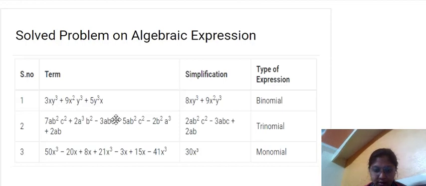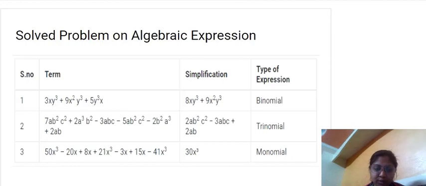Now this minus 3abc is alone, so we'll keep it as it is, and 2ab is also alone, we will keep it as it is. Now it contains 3 terms, so we will say this expression to be a trinomial expression since it contains 3 terms. In a similar manner, we have the third problem.